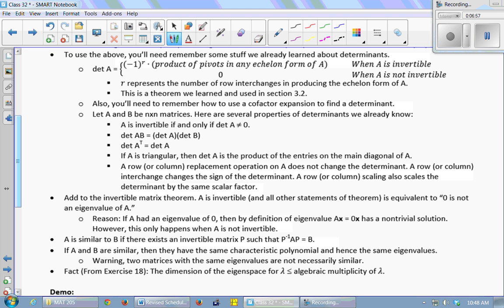And if one of those diagonal entries is 0, the determinant will be 0, meaning the matrix is not invertible. But those diagonal entries also represent the eigenvalues of the matrix, which we talked about last class. So if one of the eigenvalues is 0, the determinant will be 0, and the matrix is not invertible.